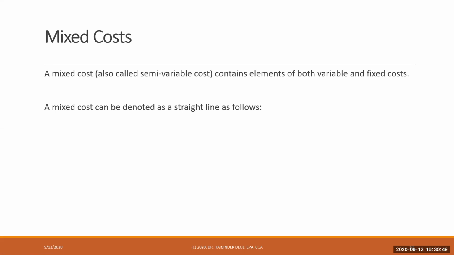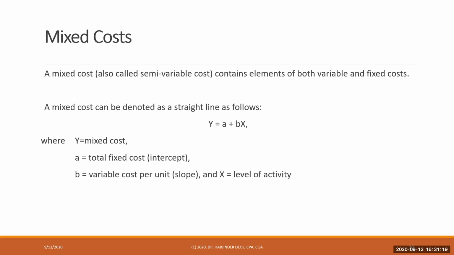The equation of a straight line is y equals a plus bx, where y is the vertical axis, which represents the mixed cost. X represents the horizontal axis, which is the independent variable. And a is the intercept, which for our purposes represents the total fixed cost. And b is the slope.